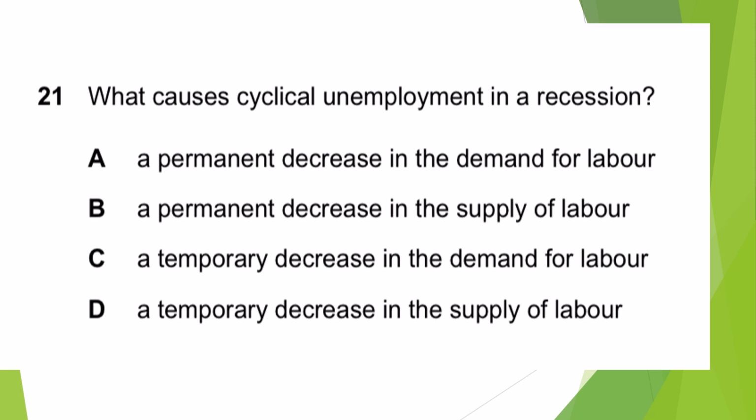This decrease wouldn't be a permanent decrease. So these two are not possible, we need to look into these two. A temporary decrease, either in the demand for labor or in the supply of labor. So cyclical unemployment is due to a decrease in the aggregate demand for labor in recession. So this is 21.